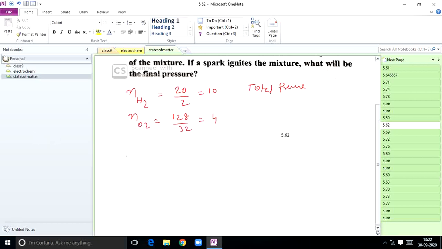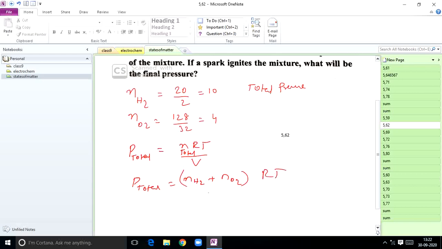So for this purpose, PV is equal to nRT, na? So P equals nRT by V. So here total number of moles you have to take, n total. So P total is equal to, in place of n total, number of moles of hydrogen plus number of moles of oxygen, total number of moles into RT by V. So substitute, directly we will get.